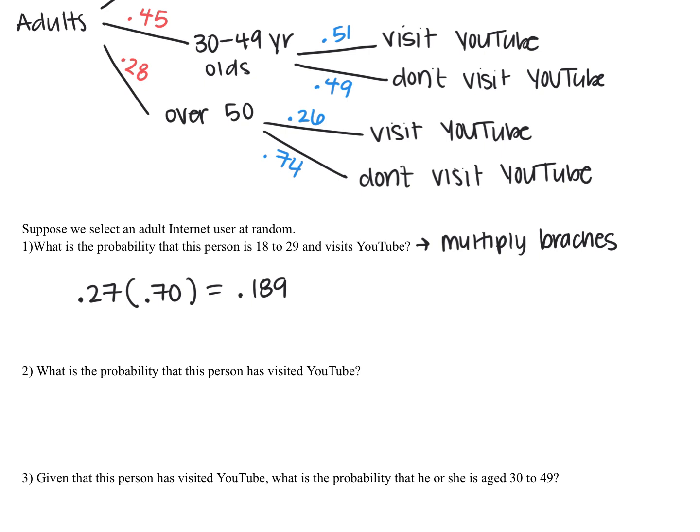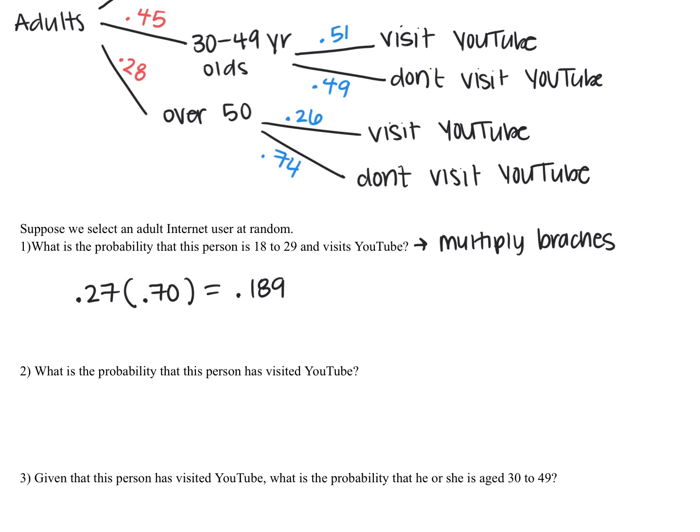Number 2: what's the probability that any person has visited YouTube? In this case, we aren't specifying which age category they're from, which means I need to find all of the probabilities associated with visiting YouTube. That could be 18 to 29-year-olds, so 0.27 times 0.70. It could be 30 to 49-year-olds, which is 0.45 times 0.51.